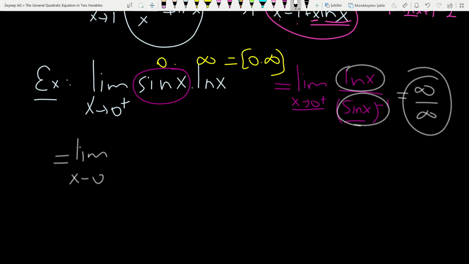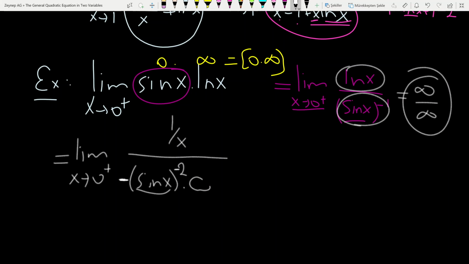X tends to 0 from right. Derivative of numerator, derivative of ln x is 1 over x. Derivative of denominator: you take minus here and reduce the power of minus 1, so you have minus 2, times derivative of inside, which is cosine x.